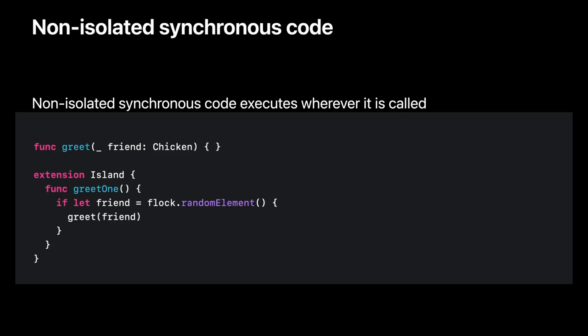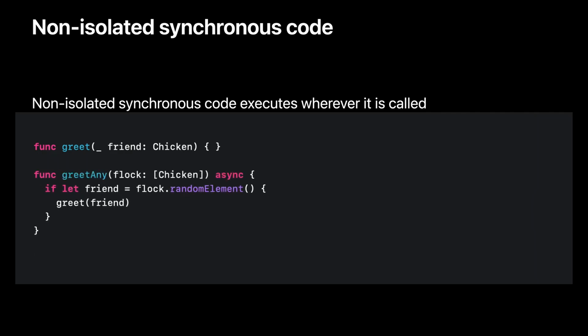Let's consider one more case of non-isolated code. The greet operation is non-isolated, synchronous code. It knows nothing about boats or islands or concurrency in general. And here we're calling it from the actor-isolated greet1 function, and that's okay. This synchronous code, when called from the island, will stay on the island, so it's free to operate on the chicken from the flock.